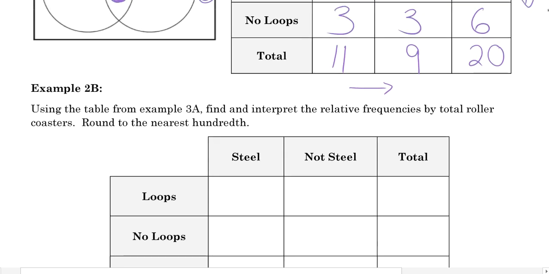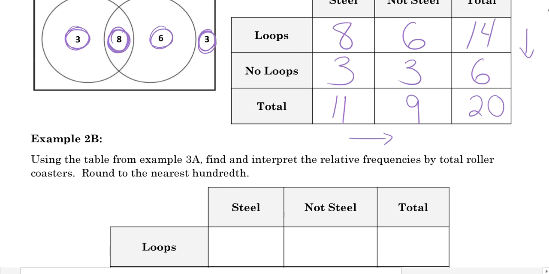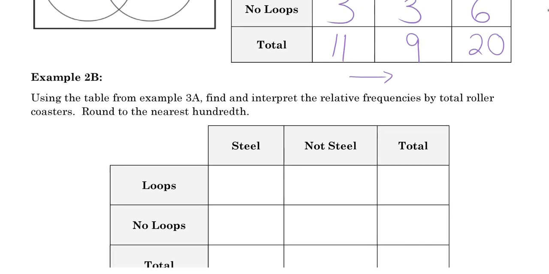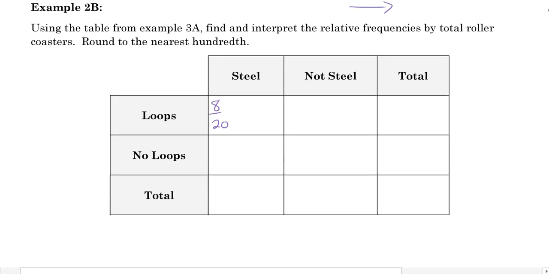So if I want to discover the relative frequency for steel coasters with loops, that is going to be 8 out of 20. Now, if you are unclear as to how to do this without a calculator, 20 is a factor of 100.